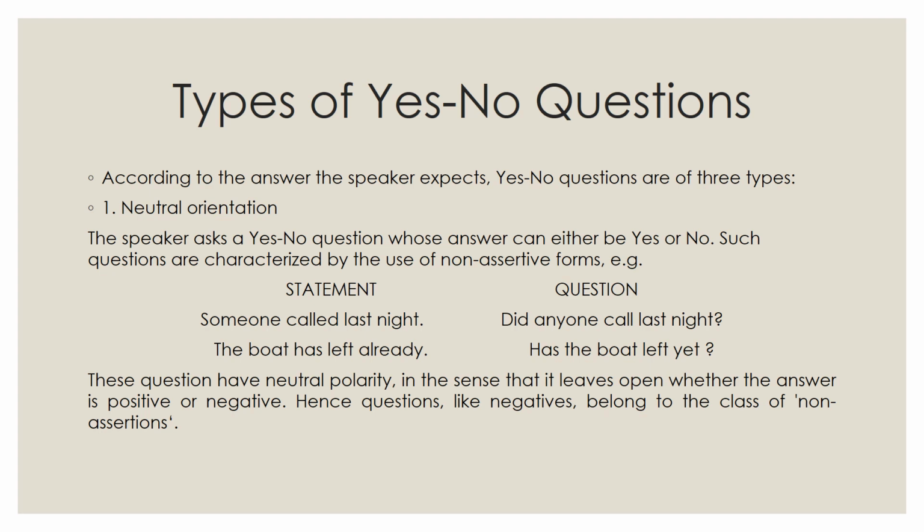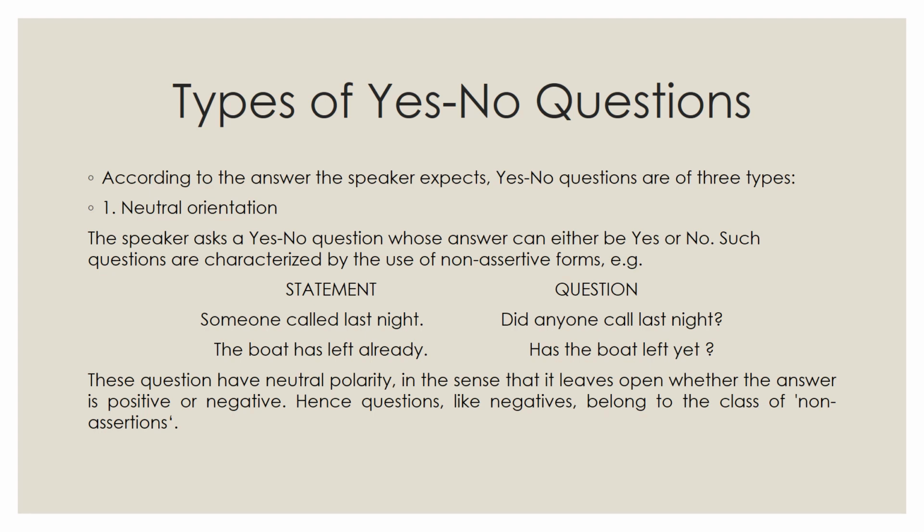But when we are asking yes/no questions, do we expect an answer with yes, or do we expect an answer with no, or we don't know? So here, according to the answer you expect, you have three main types of yes/no questions.